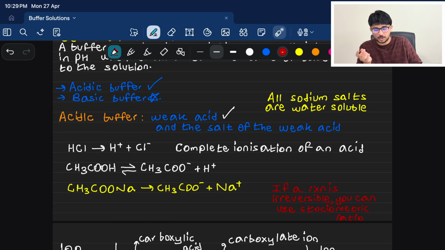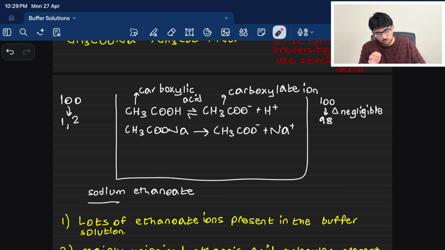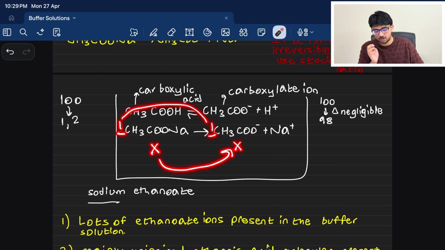I hope you guys know what stoichiometric ratio is. If 1 mole is formed here, then you look at the ratio of their coefficients. This is 1 and this is 1. So whatever the number of moles of sodium ethanoate were, that's the same number of moles of ethanoate ions. Why? Because their ratios are the same.